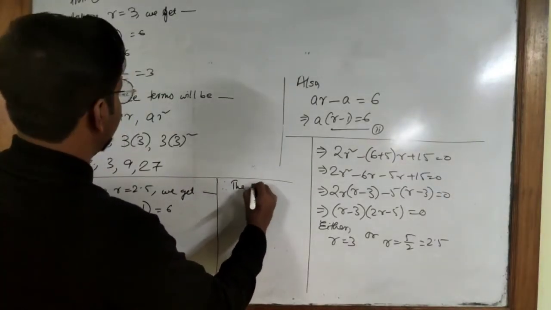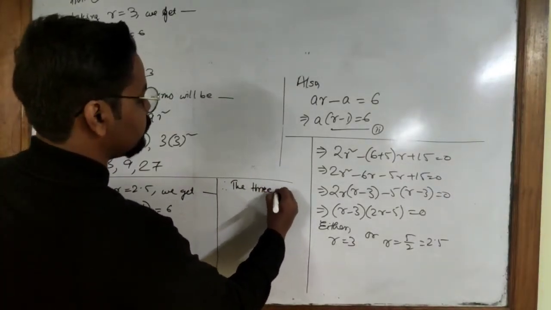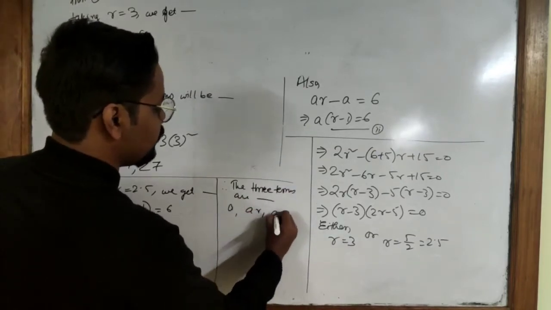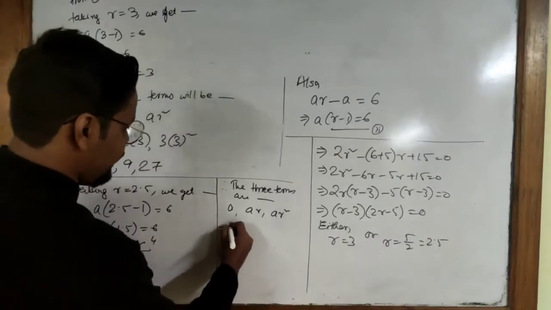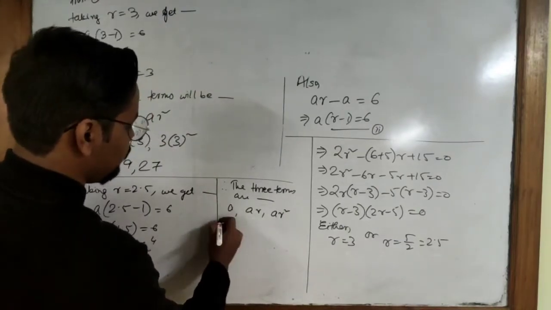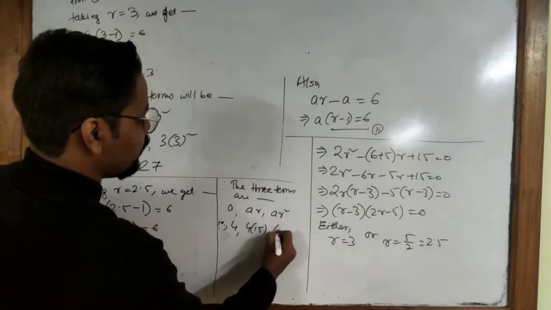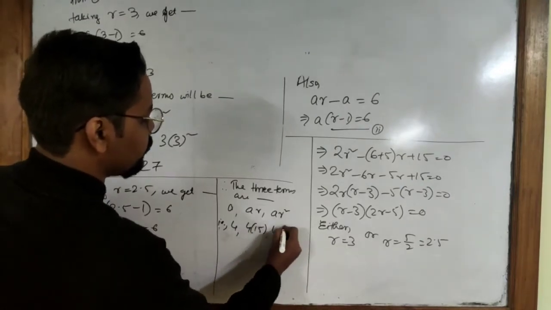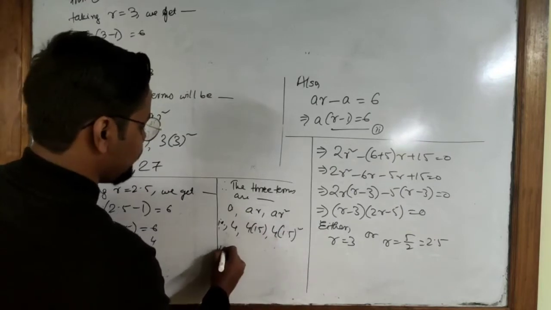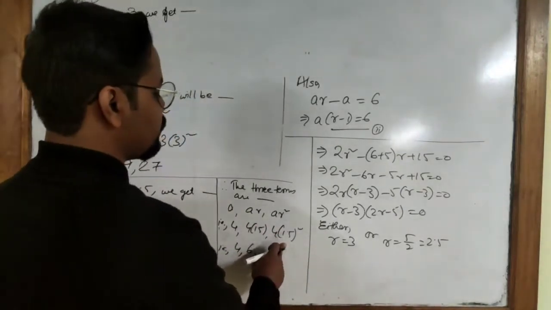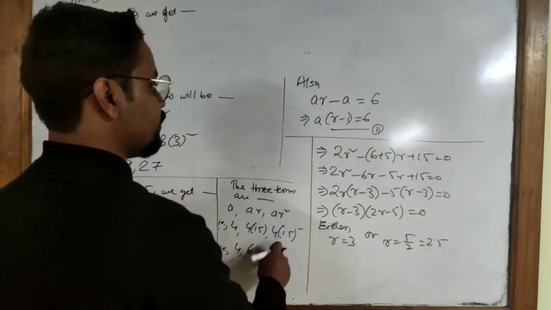Therefore the terms are a, ar and ar square. So again a is 4, 4 into 1.5 and 4 into 1.5 squared, that is 4, 6. And this one will be 4 into 1.5 squared. 1.5 squared is 2.25.